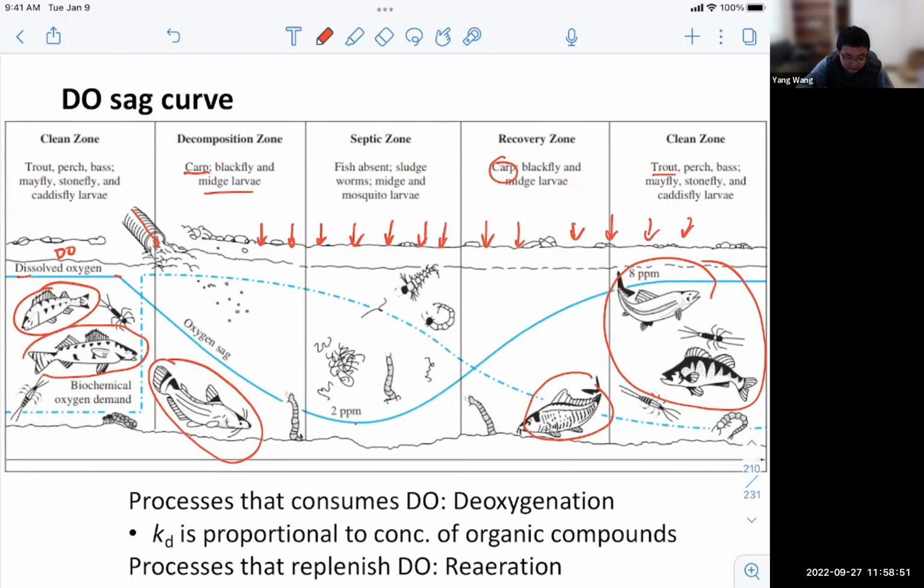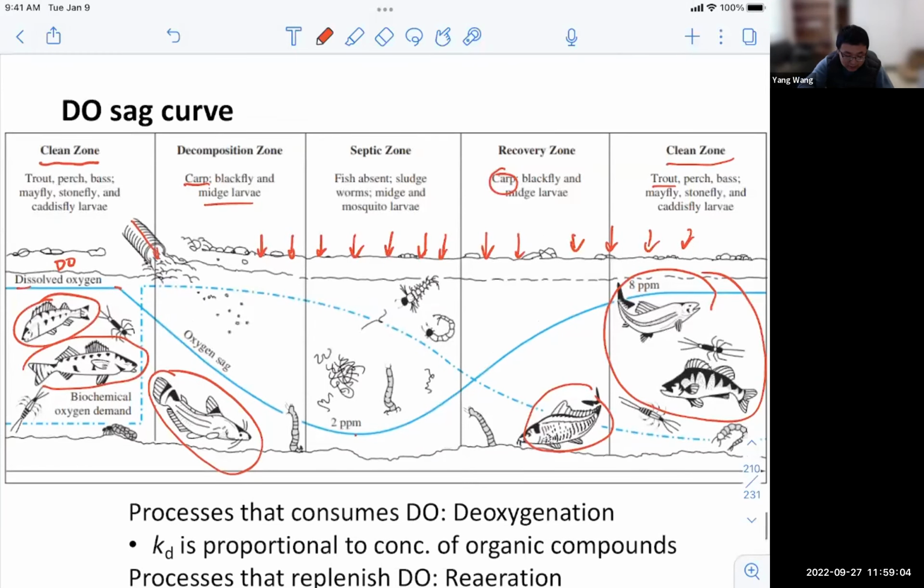So people actually name these different regions with different terms. For example, you have the clean zone, that's the upstream or very downstream of this pollution source. You have the decomposition zone, which is the location where the organics are getting consumed. You have the septic zone, which is the very polluted zone.